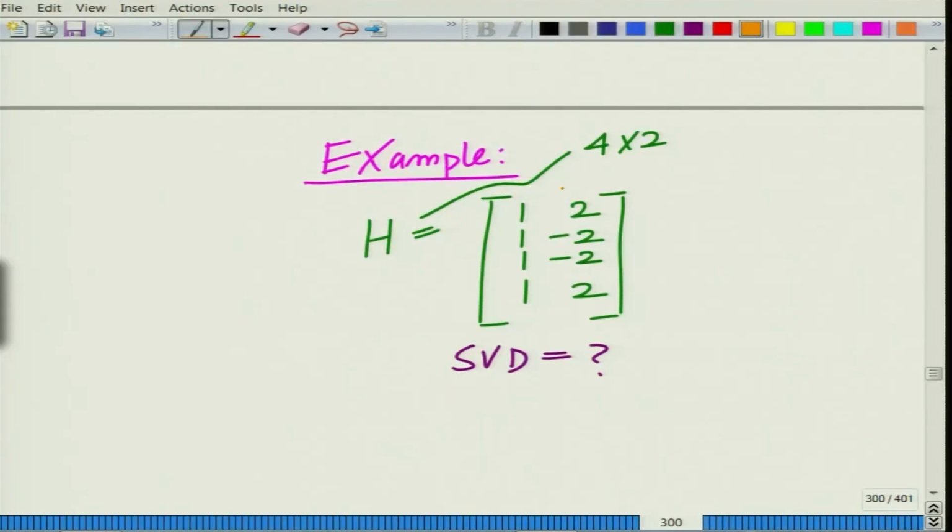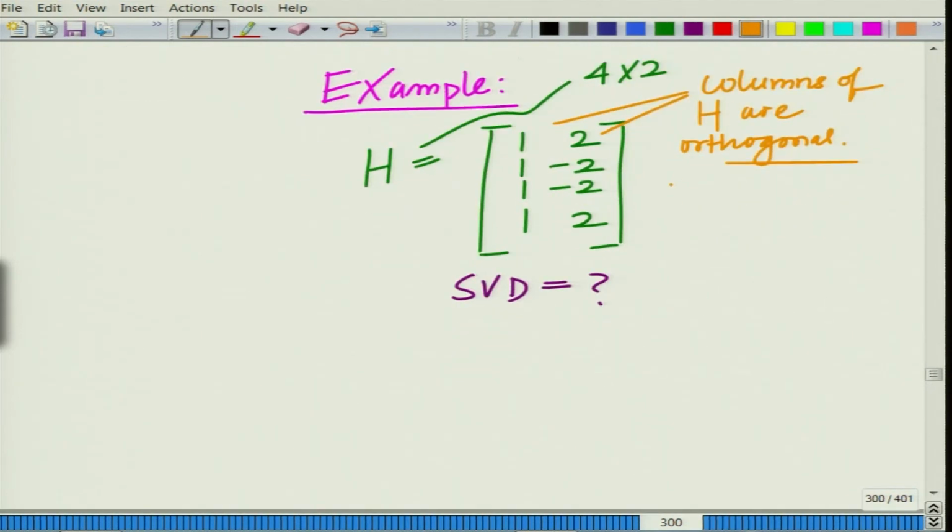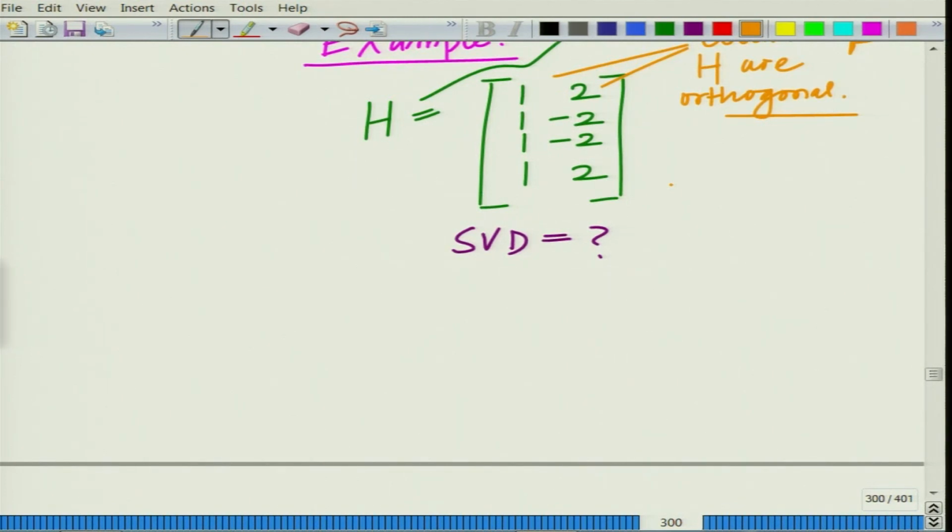If you observe closely, the columns of H are orthogonal, and therefore, it is similar to the structure of the matrix U, except columns of U are orthonormal. So, we have to normalize the columns of H.